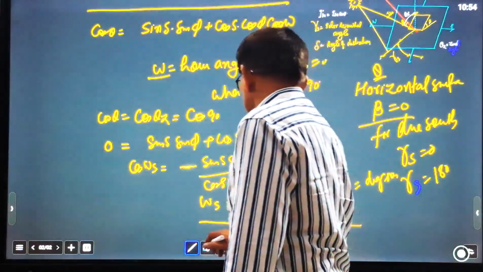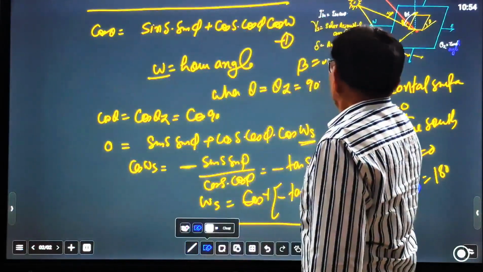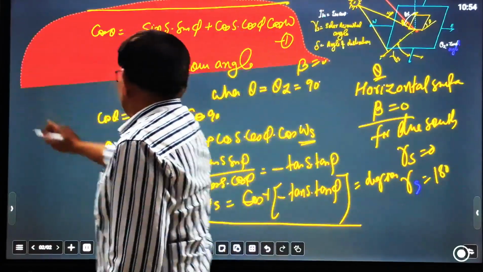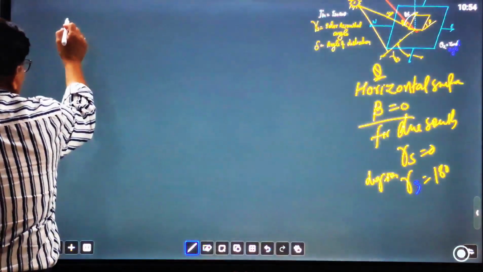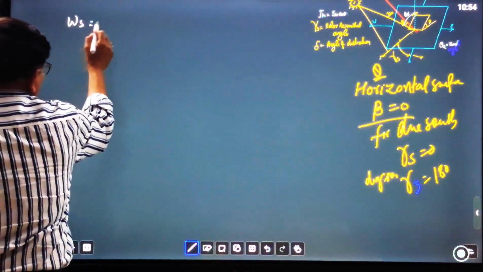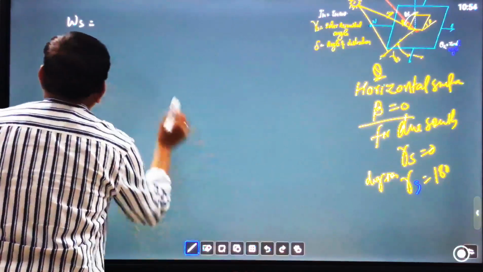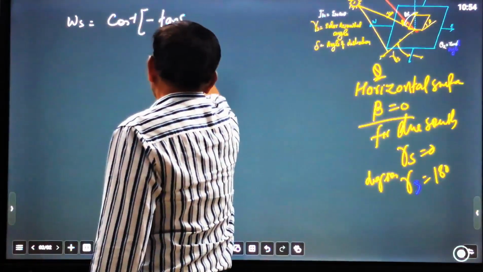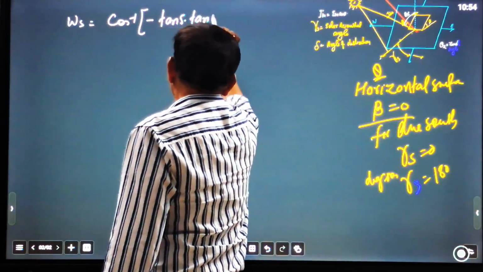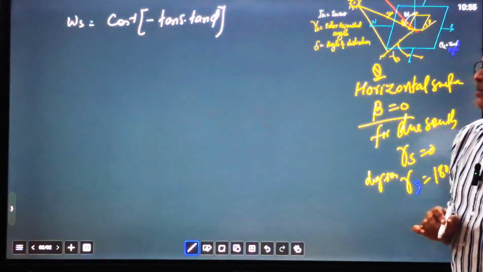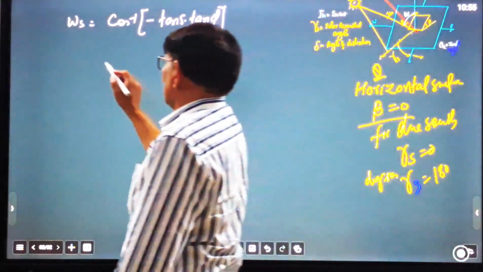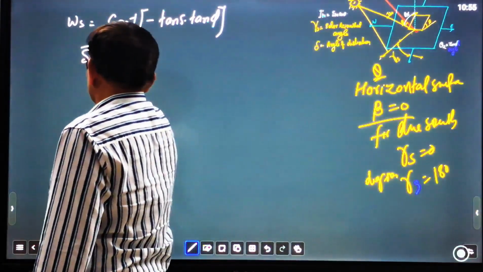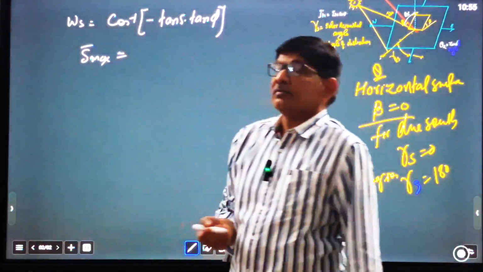So how can we calculate the maximum sunshine hours? Omega s we have just calculated: omega s equal to cos inverse of minus tan del tan phi. And the maximum time, denoted by S maximum, is the average for the whole day.